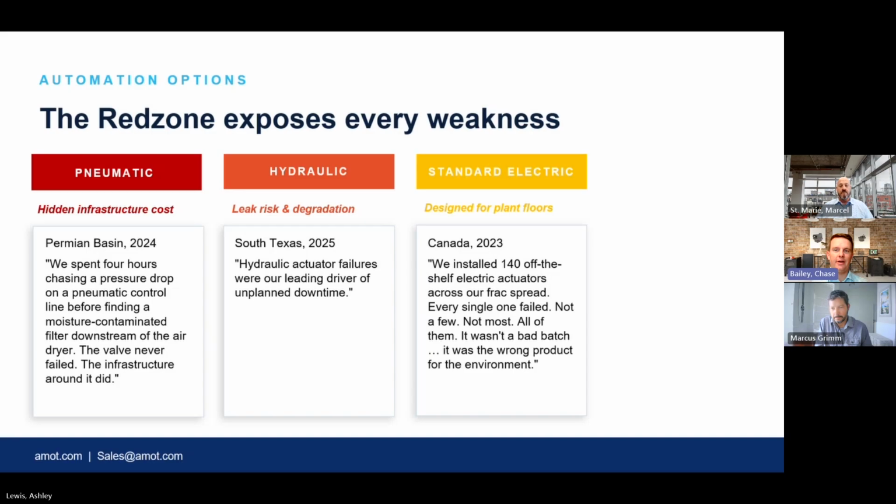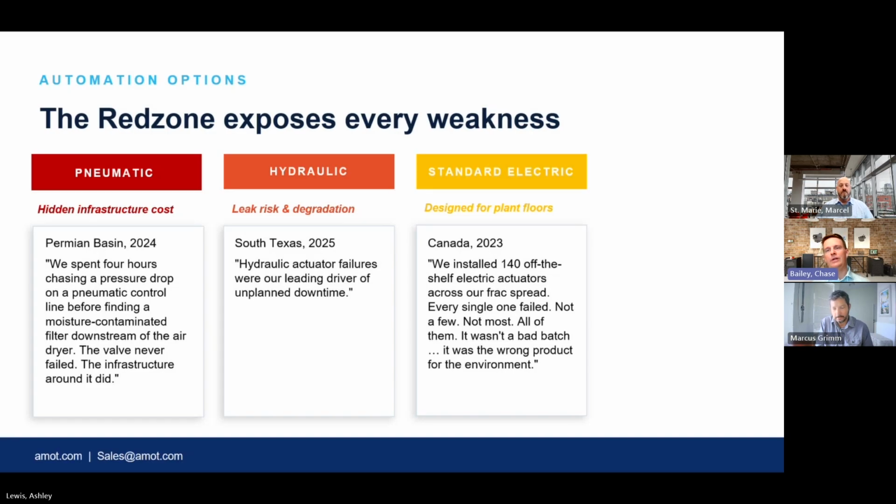But what we've seen a lot of times is the electric actuators that a lot of these service companies are going with were not intended for the oil field. They were not meant for upstream frac operations. These actuators were meant for plant floors or manufacturing facilities, not mobile, high vibration, extreme conditions.